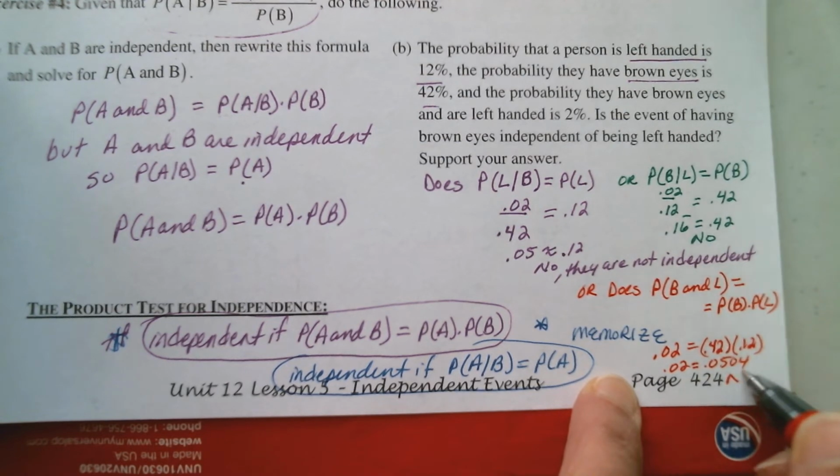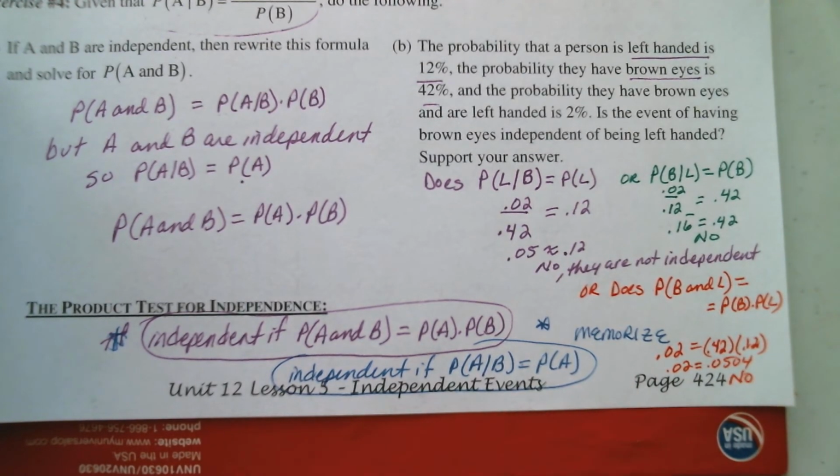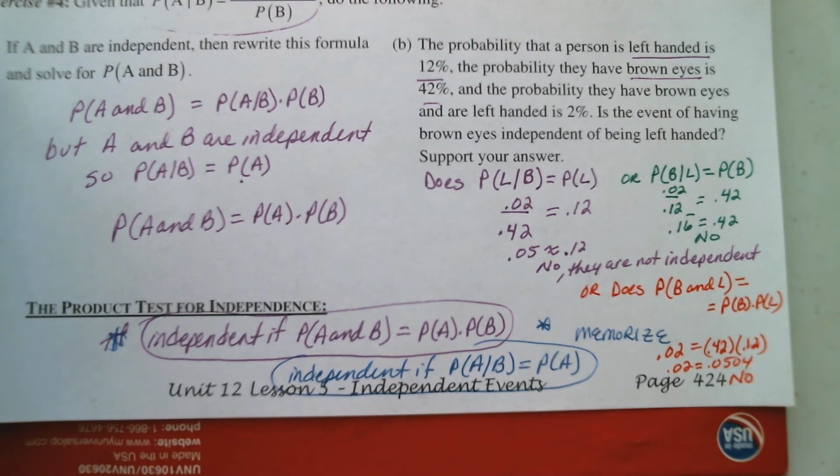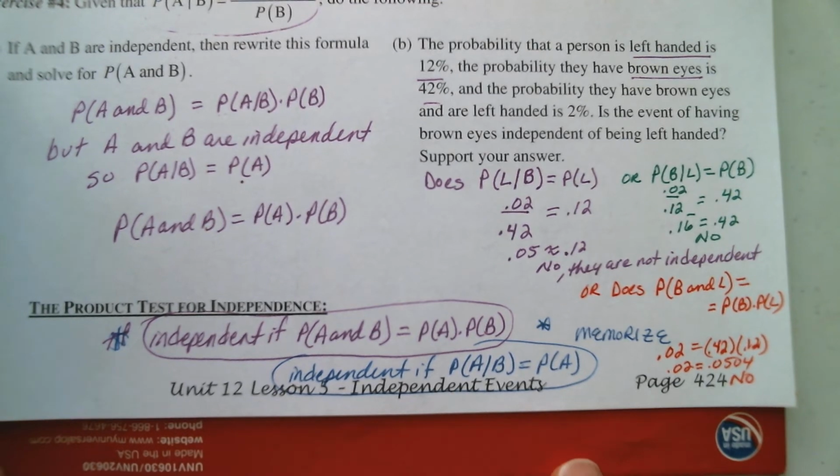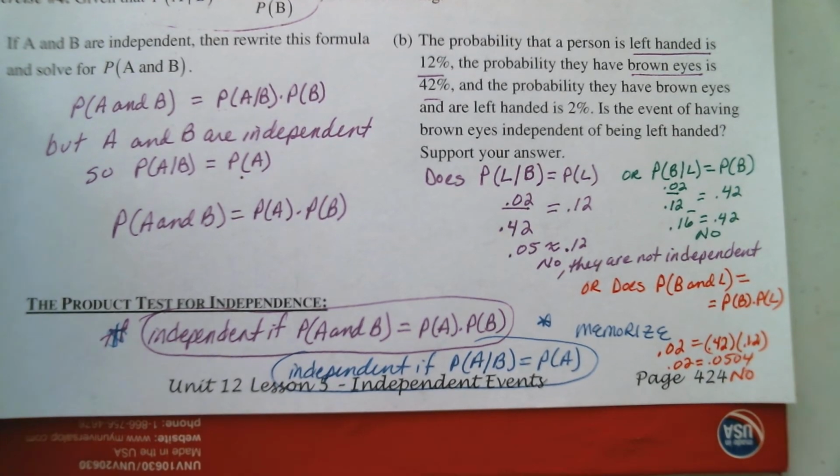And there's another no. So no matter which one you chose to use to test your independence, the answer is no. The decimals are not equal. Well, the two sides of the equation are not equal to each other.